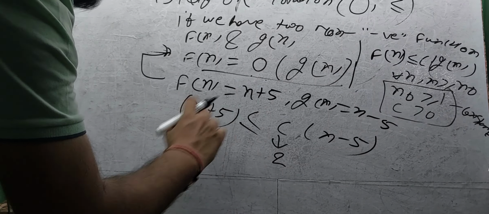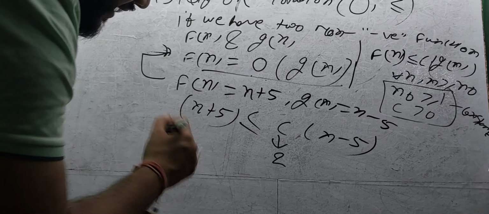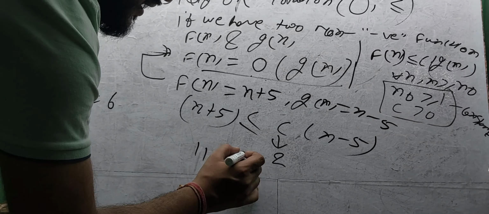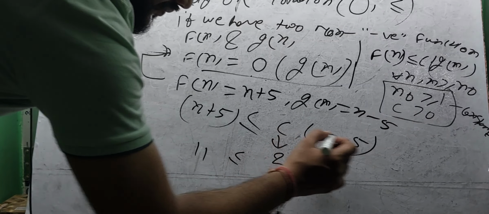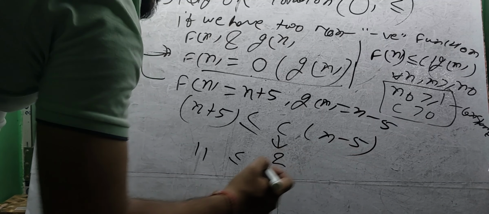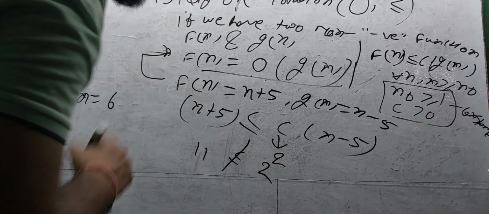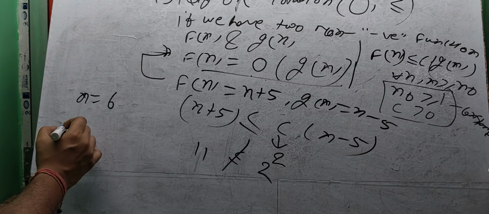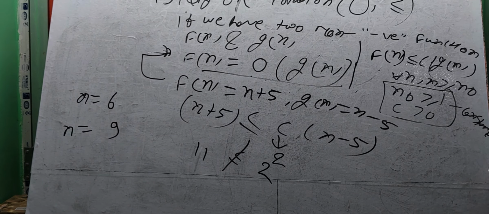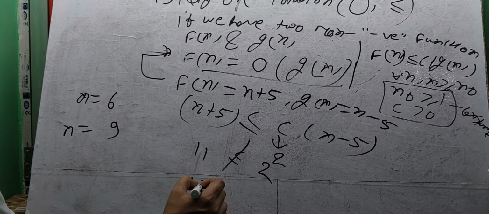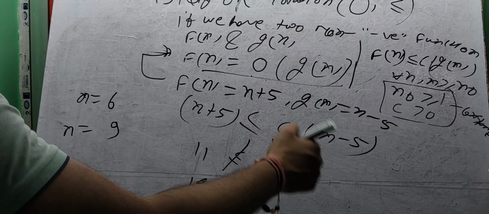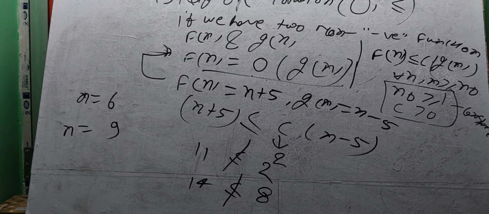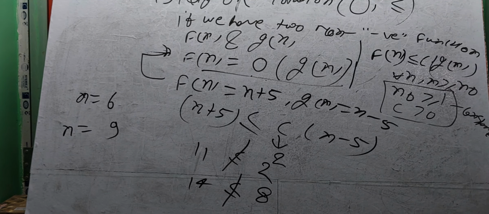Okay. Then take n as 6. If n equal to 6, then the left value will be 11 and the right will be 1 into 2. So this does not hold good. So we will increase the n value. If n equal to 9, 9 plus 5 is 14, and 9 minus 5 is 4 into 2, that is 8. So n equal to 9 also does not hold good.